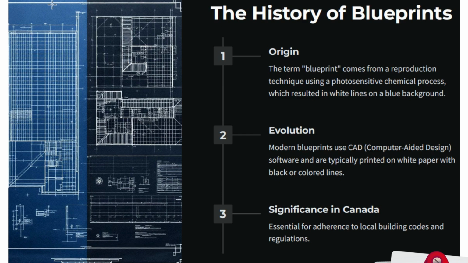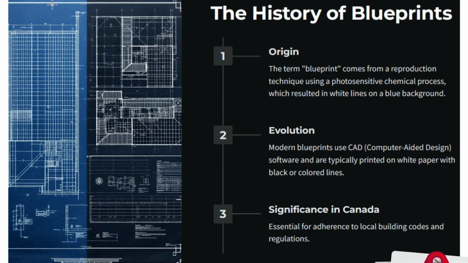It's exactly blueprint. Evolution: modern blueprints are CAD, computer aided design software, and are typically printed on white paper with black or colored lines. Of course, the first one, the origin, is actually the old school way of the blueprint, the original way. But as we go through the evolution, there is more evolution in terms of the drawing, and humans were able to invent the PC, then programs, which led to CAD.